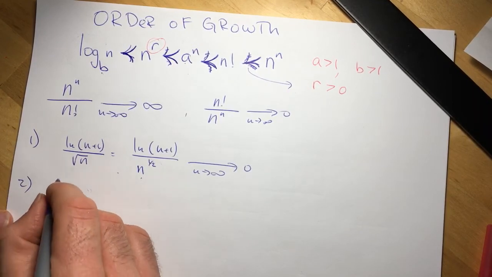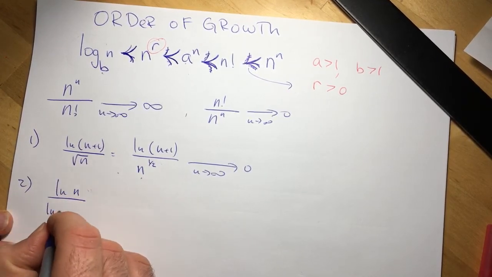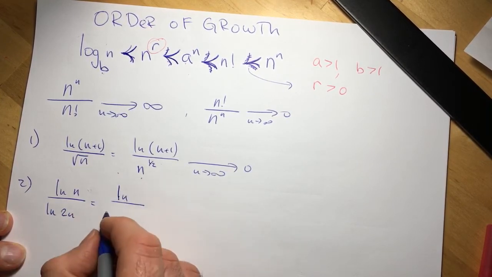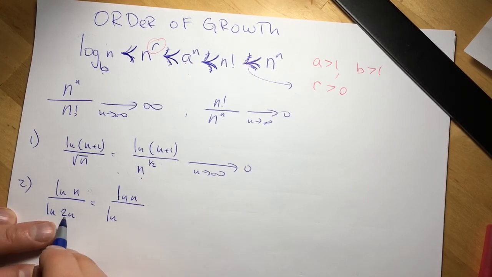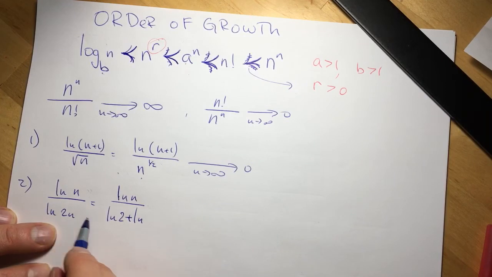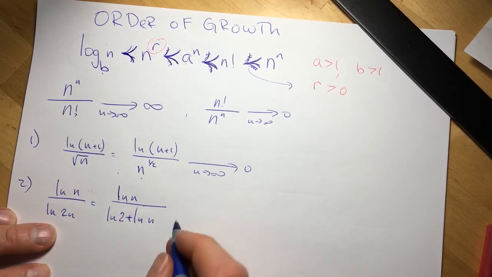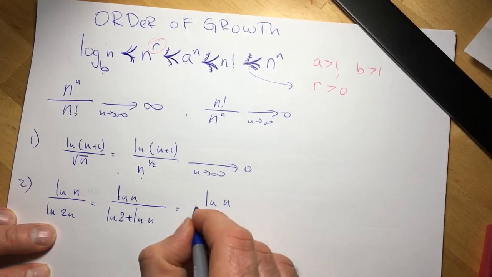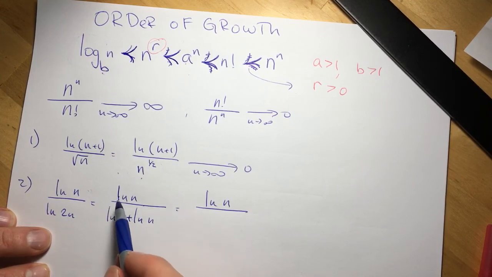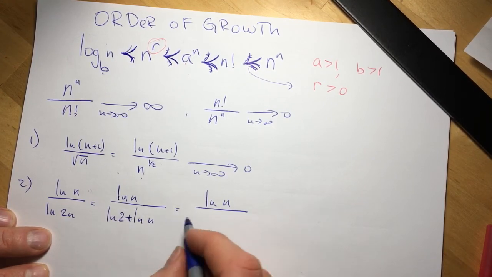Okay, ln(n) over ln(2n). Here I'm going to use very simple properties of logarithms learned in high school. ln(ab) is ln(a) plus ln(b). Okay, and then either you can just notice that because the dominant terms have the same exponent and same order of growth, and the constant in front of them is 1, you can guess that this limit is going to be 1.